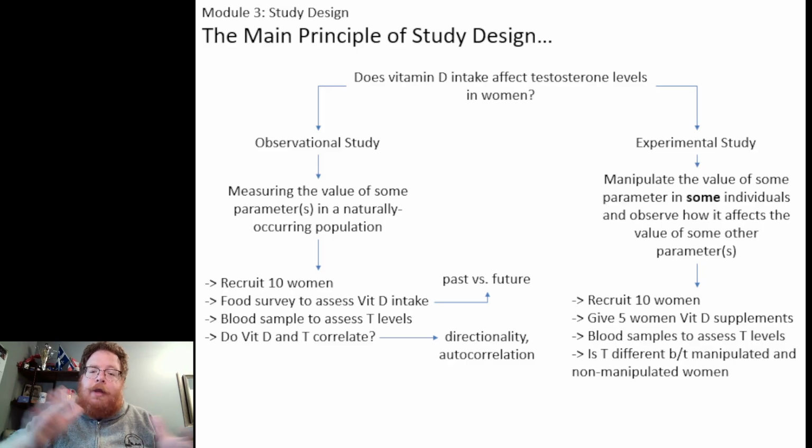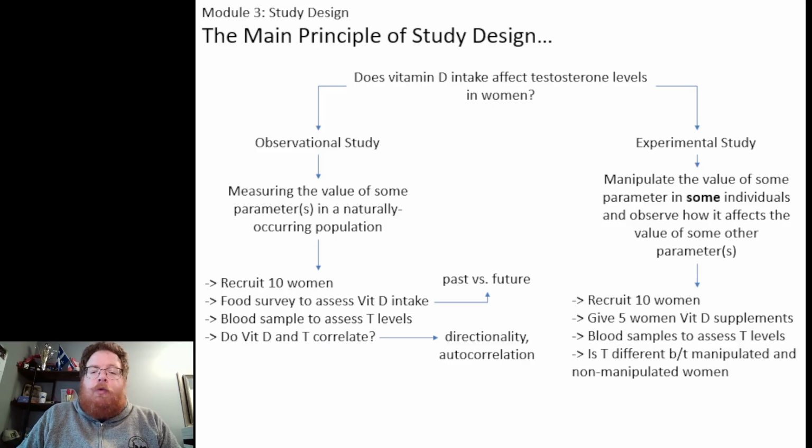And so I end up seeing this vitamin D testosterone correlation, even though those two parameters perhaps have nothing to do with one another. Perhaps they're just both related to a common third parameter that I've not measured. So again, there's ambiguity inherent really in observational studies in general because of our inability to know about directionality and autocorrelation when we do observational studies.